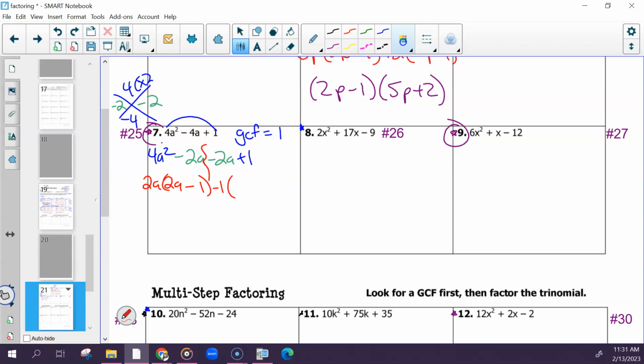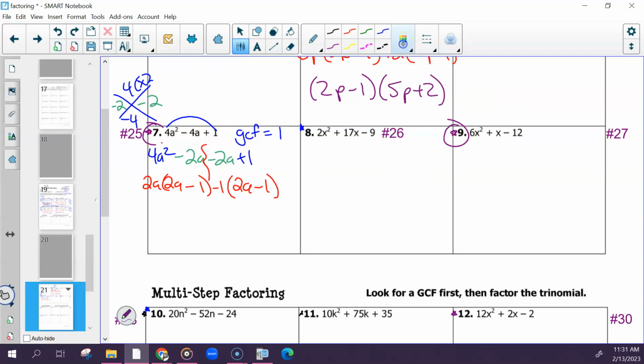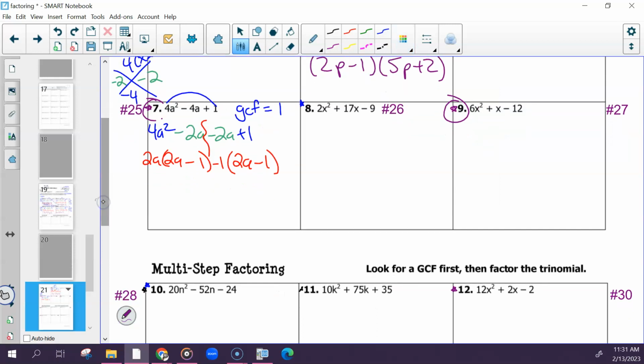What would that become if we divide by negative 1? 2a minus 1. So then what would our two factors be? Do the same thing. So if you want, you can write it as 2a minus 1 squared.